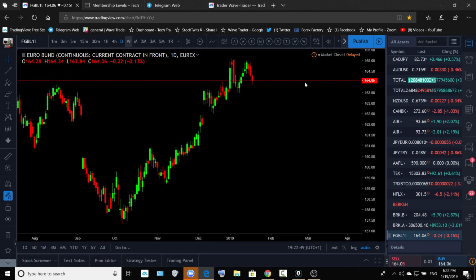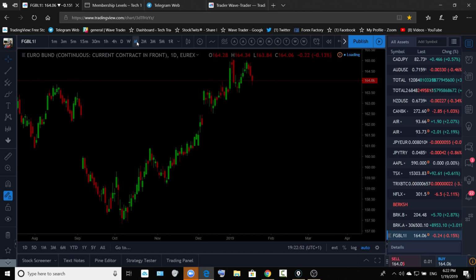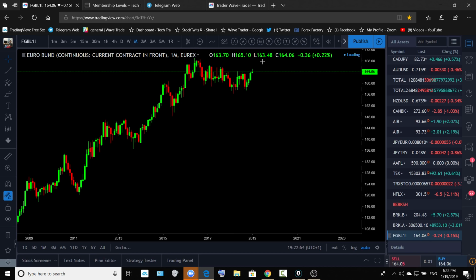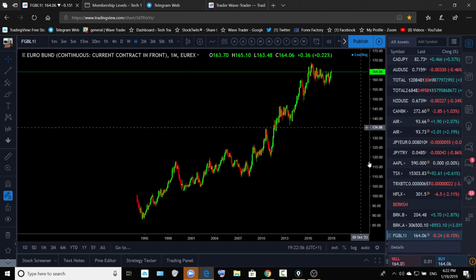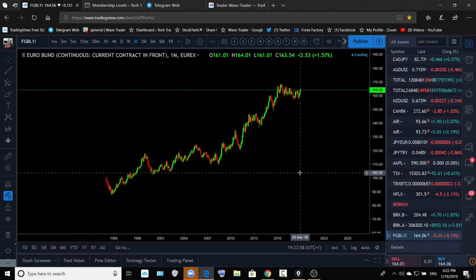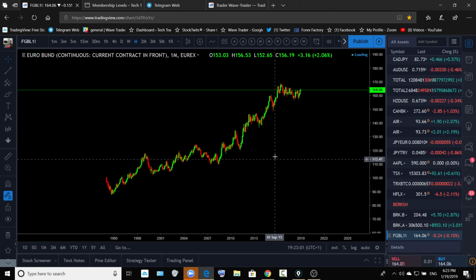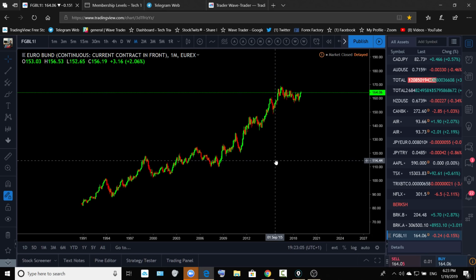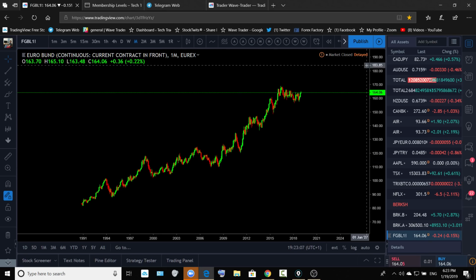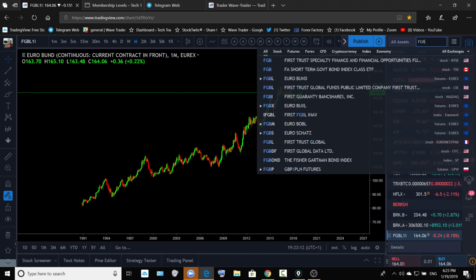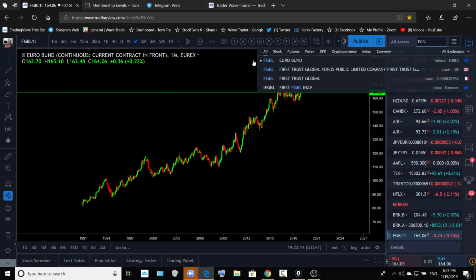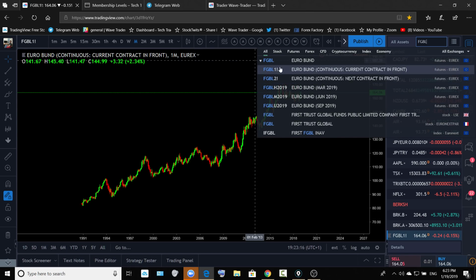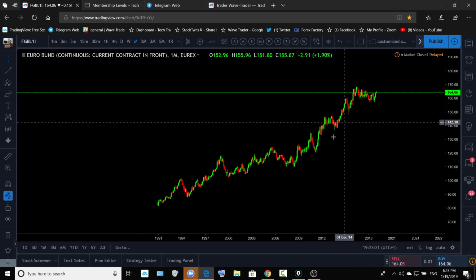Let's look at this chart, what it is doing on your monthly time frame. Clear continuation trend is over there. Yeah, it can continue. FGBL1, yeah, that's the one which I have just opened for you.